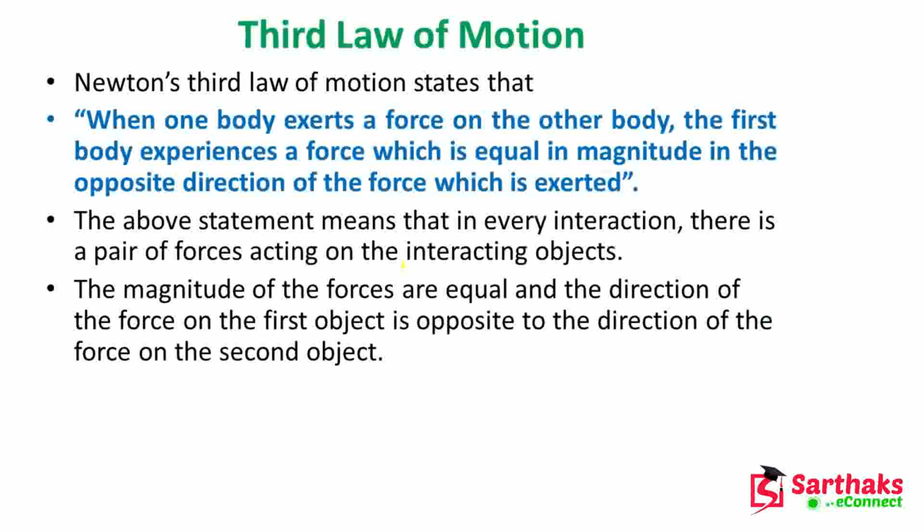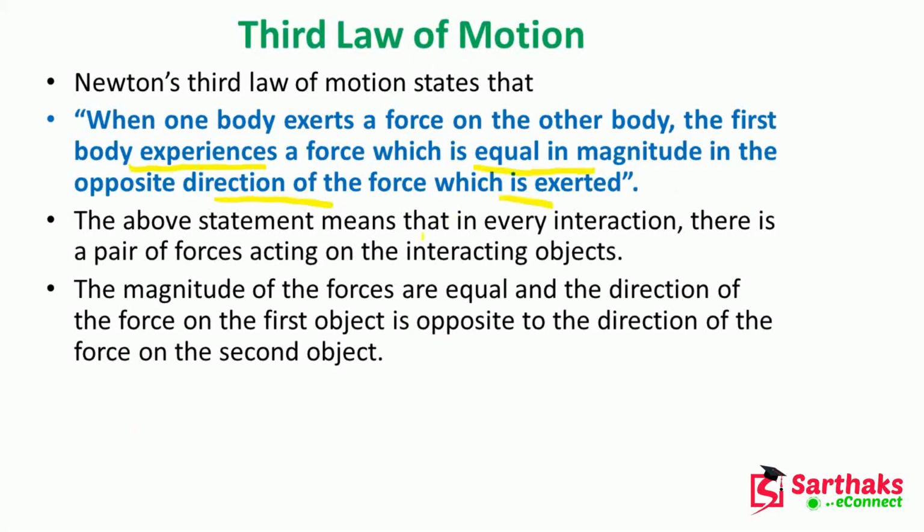Now, in the statement of the third law of motion, when one body exerts a force on another body, the first body experiences a force which is equal in magnitude and opposite in direction to the force which is exerted.